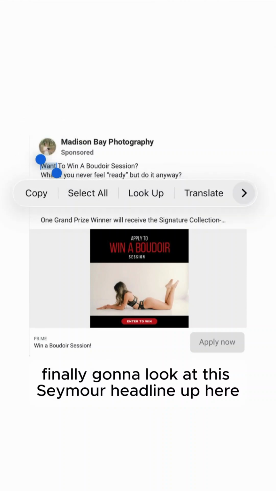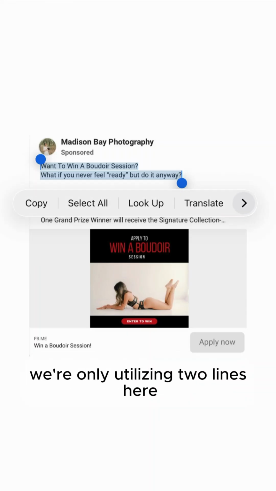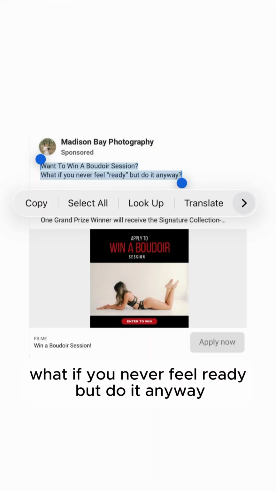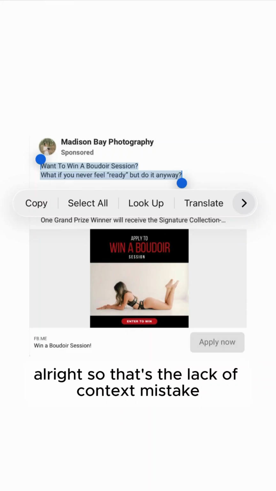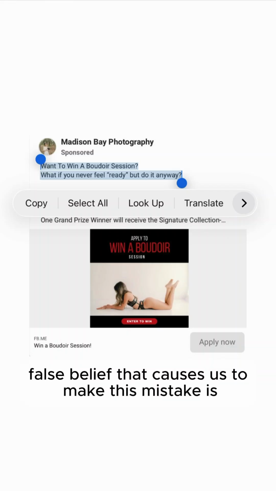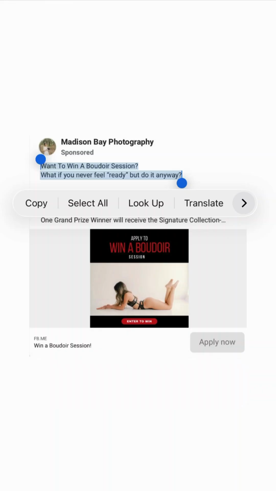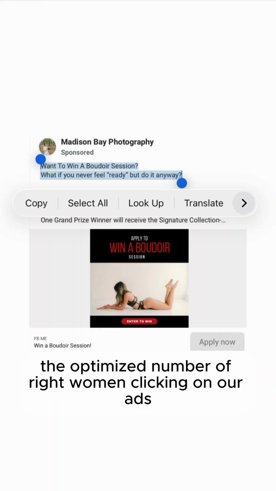Finally, going to look at this Seymour headline up here. First 2 3/4 lines, Facebook newsfeed mobile. We're only utilizing 2 lines here. What, want to win a boudoir session? What if you never feel ready but do it anyway? All right, so that's the lack of context mistake. The false belief that caused us to make this mistake is we believe we set enough context to get the optimized number of right women clicking on our ads.